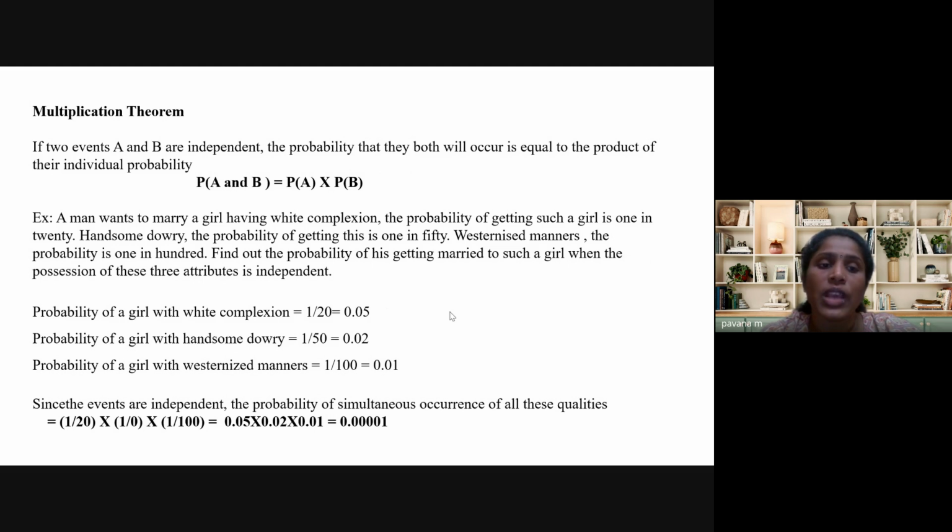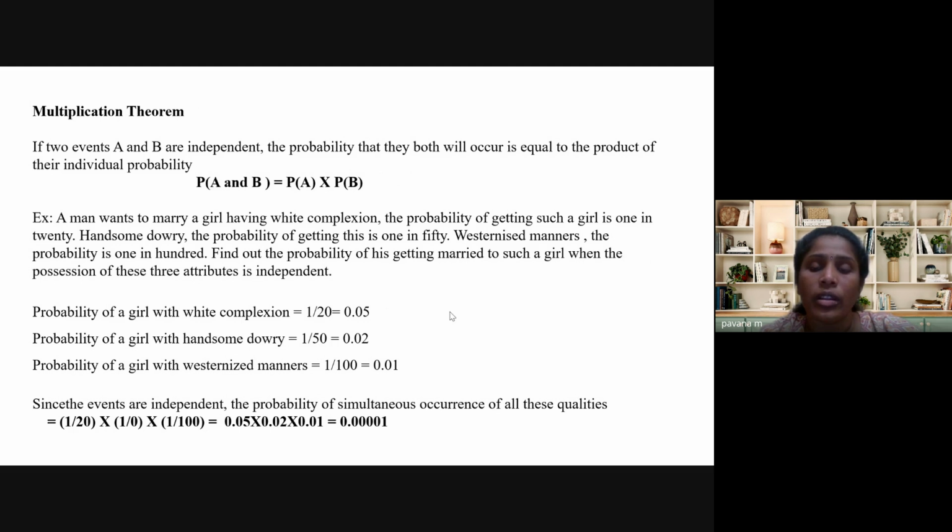If two events A and B are independent, that means the outcome of one event is not affecting the other. Then the probability that they both will occur is equal to the product of their individual probabilities.